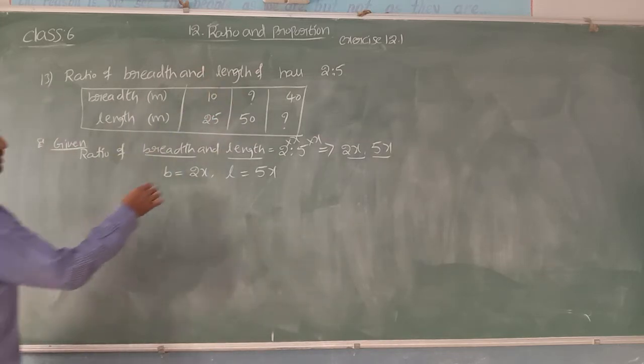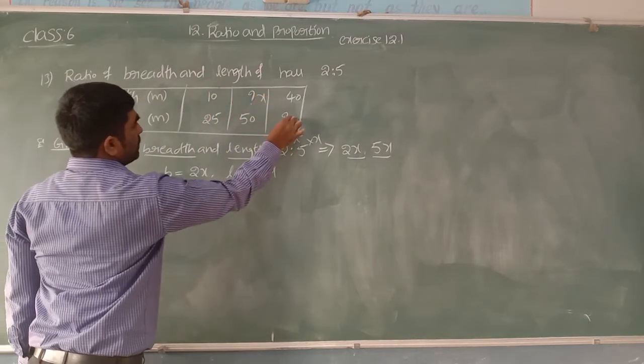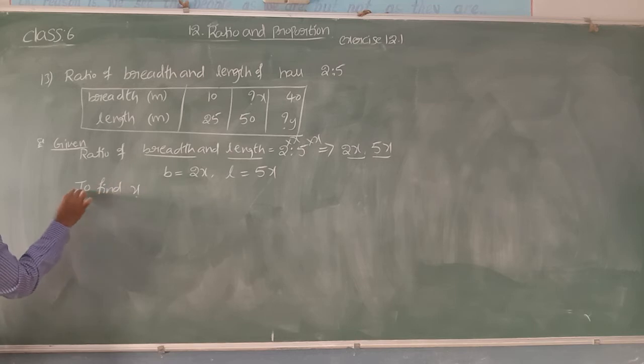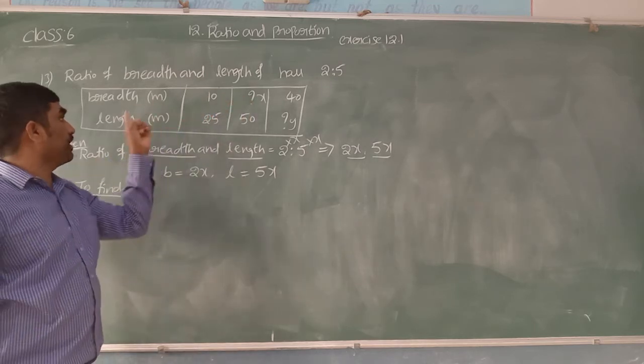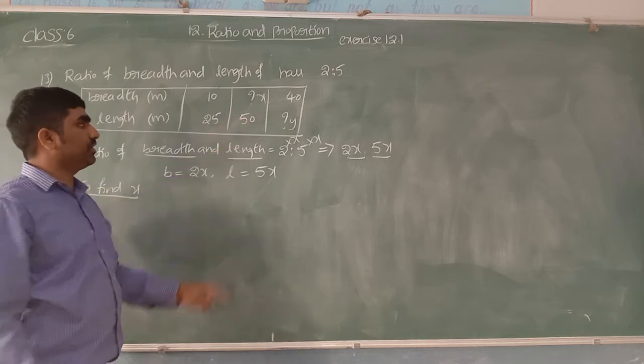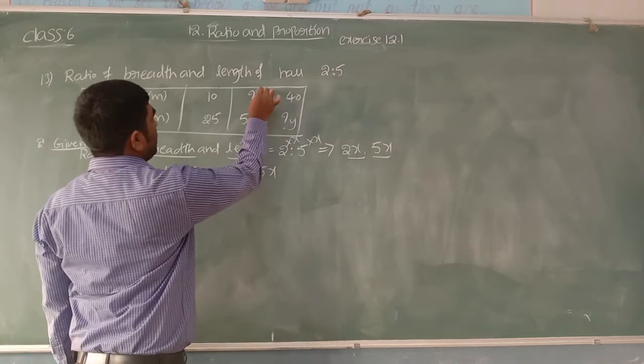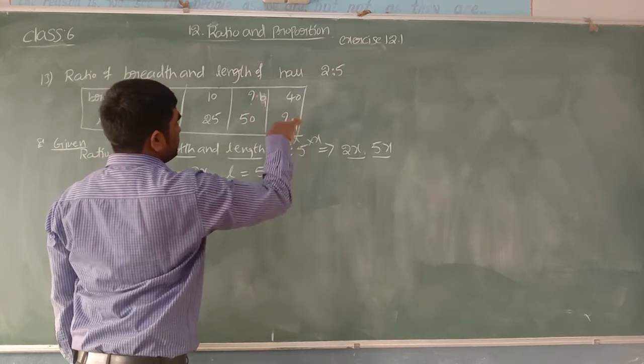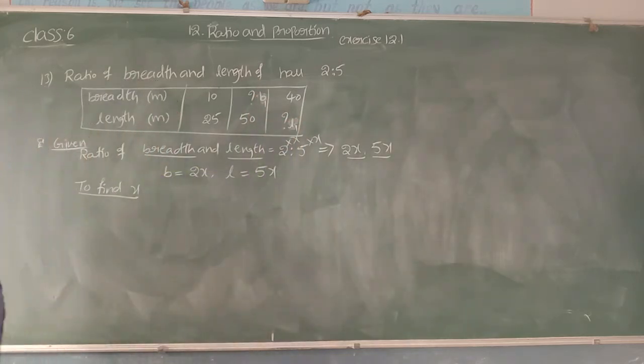Yes. This I will take as some x, this I will take as some y. Now let me write here: to find x. To find x, the corresponding length, how much they gave? 50. Let me take this one as b, b1, and this I will take as L1.